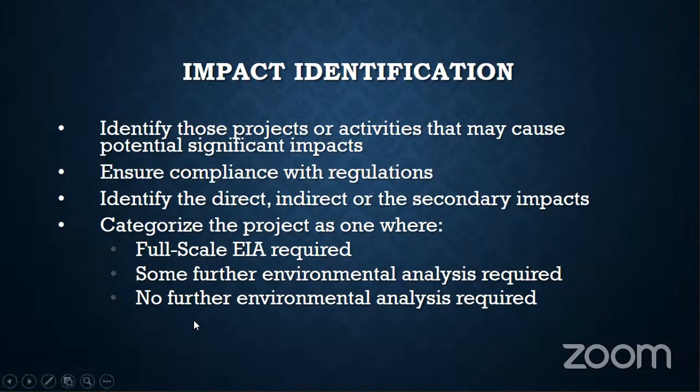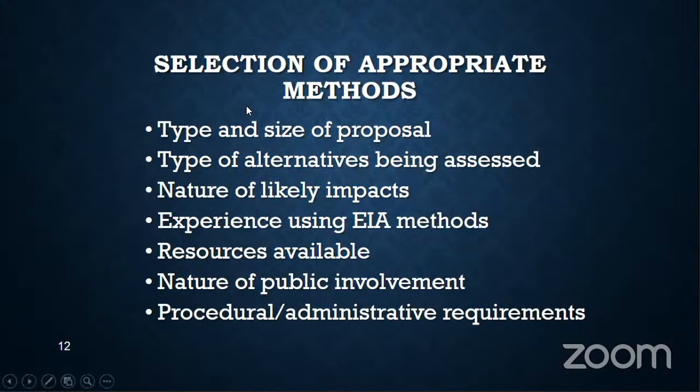Then we can categorize the project as: full-scale EIA required, or further analysis required, or no further analysis is required. For this impact identification, we can have some appropriate methods.